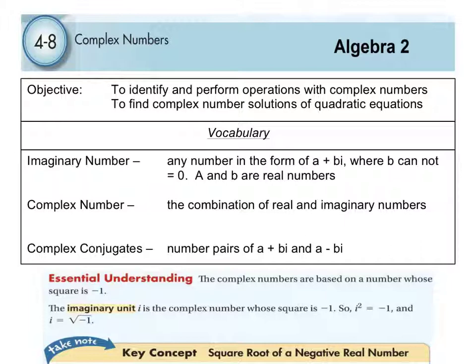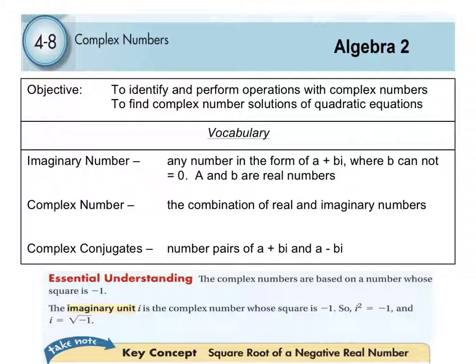A couple definitions are very key as we look at complex numbers. The imaginary number is the first definition. An imaginary number is any number in the form a plus b times i, where b cannot be 0, and a and b are real numbers.